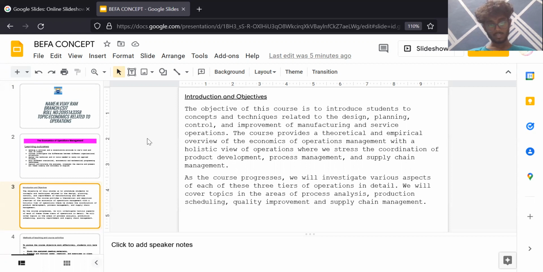As the course progresses, we will investigate various aspects of each of these three tiers of operations in detail. We will cover topics in the area of process analysis, production scheduling, quality improvement, and supply chain management.